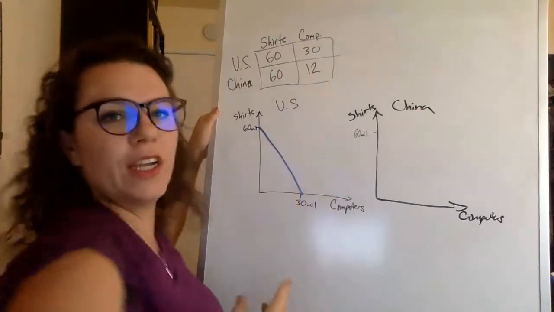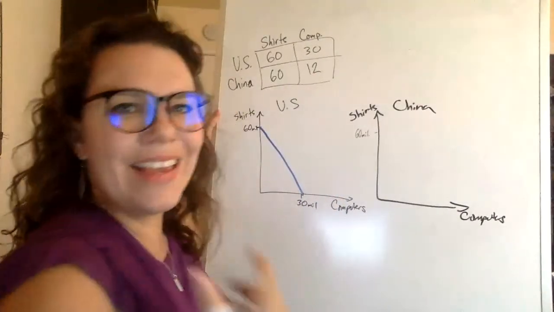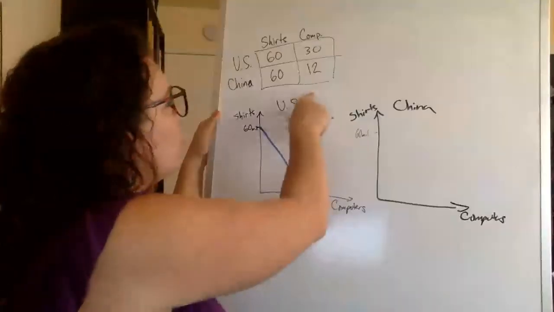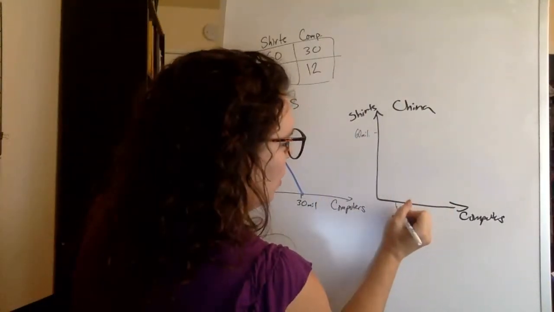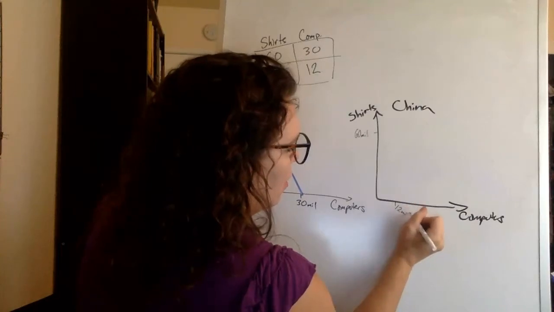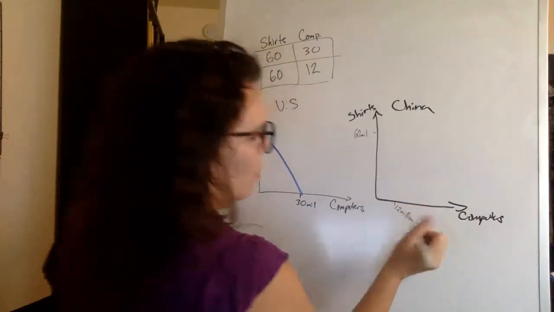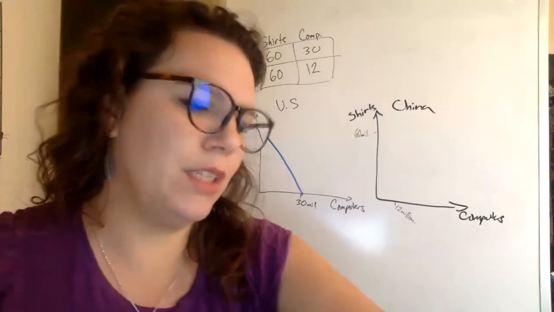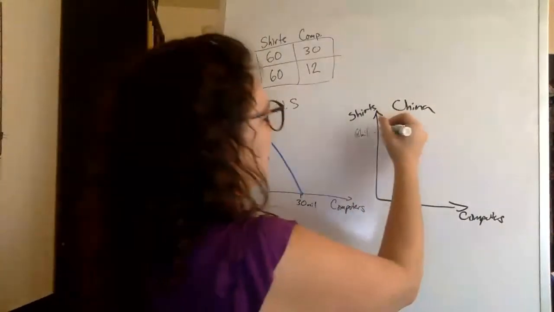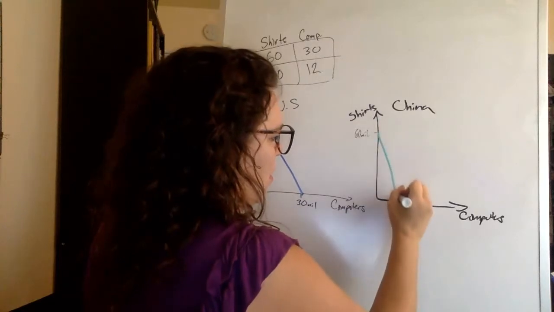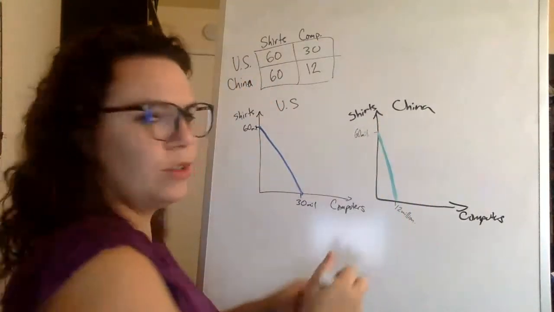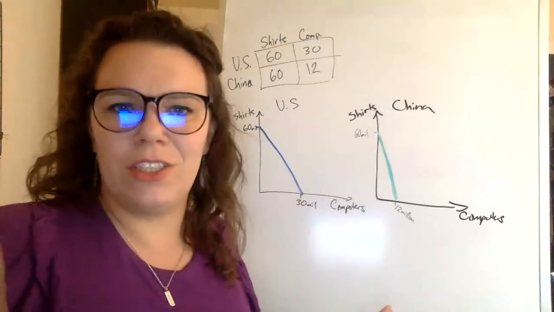But if all of China's workers produce computers, they can only produce 12 computers each in a year. So all 1 million workers would only be able to produce 12 million computers. That gives us China's production possibilities frontier. I'm going to do it in a different color because I like colors. So all the workers can either produce shirts or computers or any combination of the two, right?